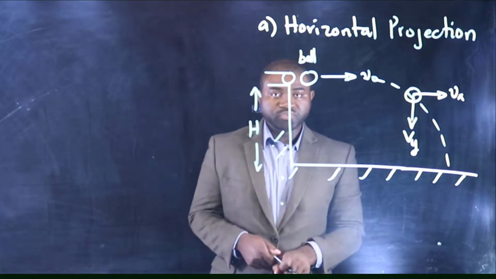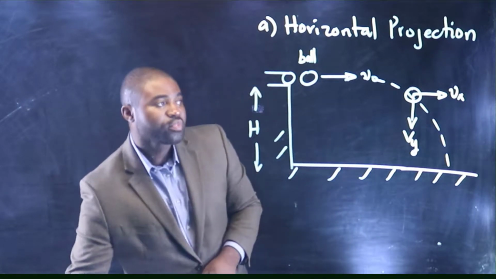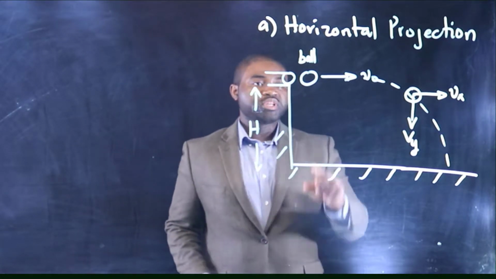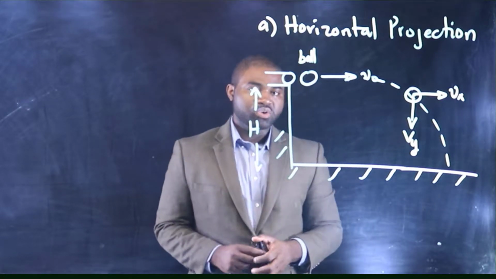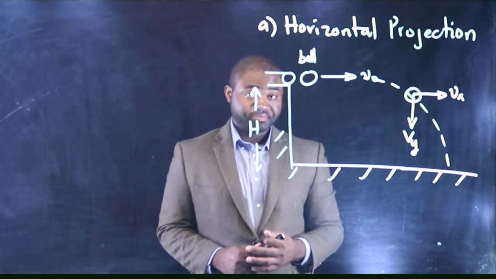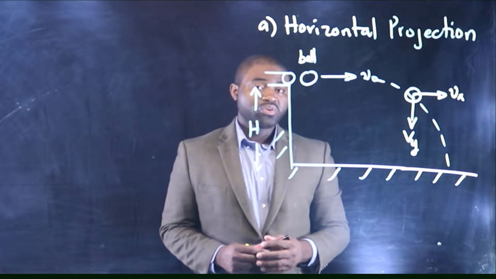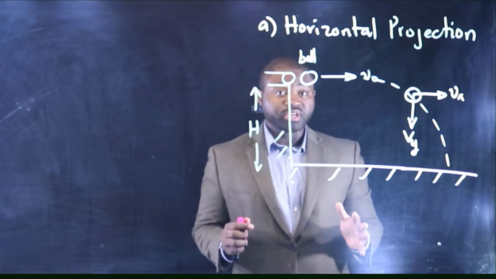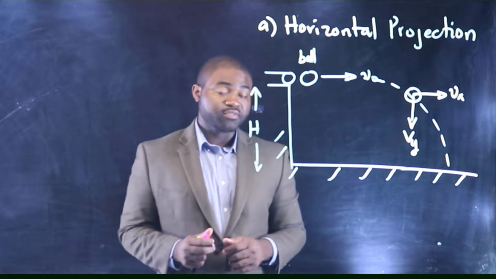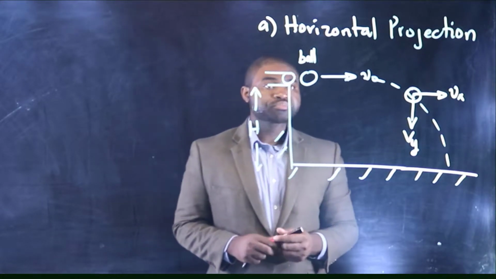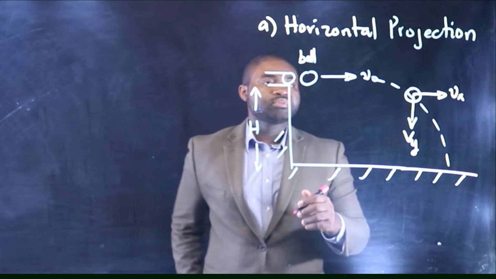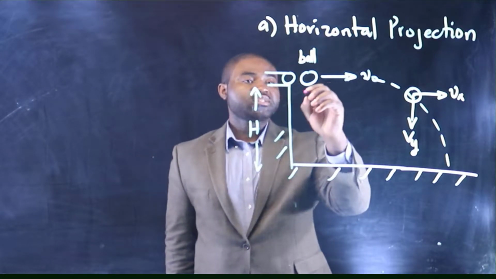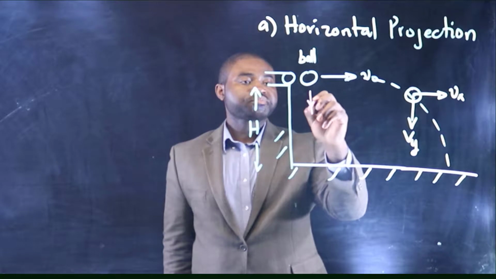It is crucial for you to understand that the motion of this object is strictly under the control of gravity. Now, obviously, we are ignoring air resistance as well as the effects of wind. So that means that the force of gravity acts vertically downwards.